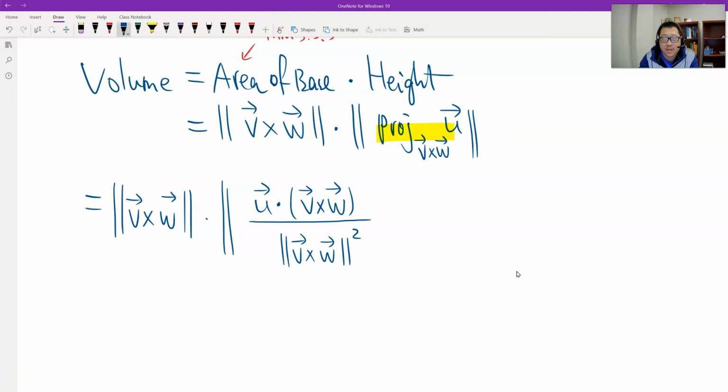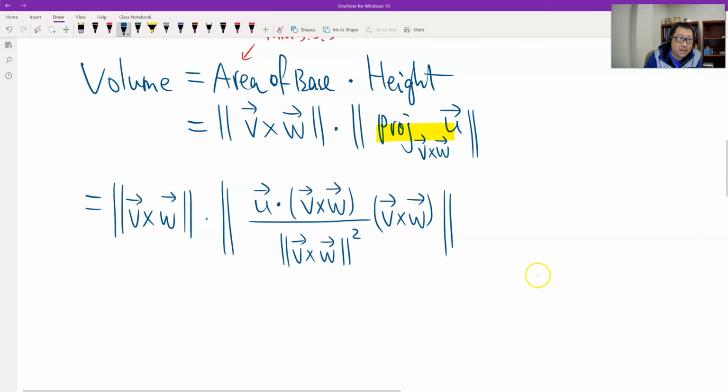So this is the coefficient, and then the direction is V cross W. Let me put a parenthesis. Okay, makes sense, right? So here is from the previous result we already have.